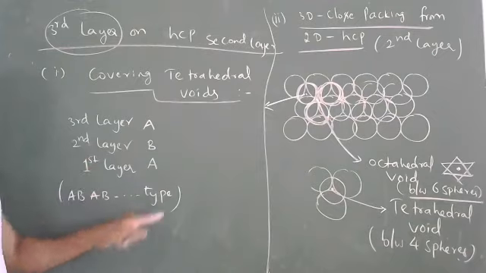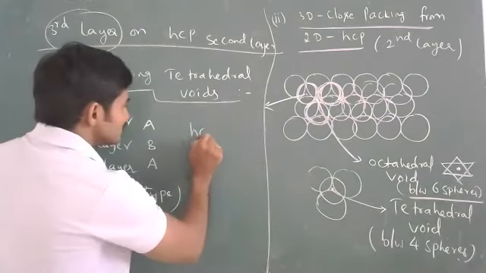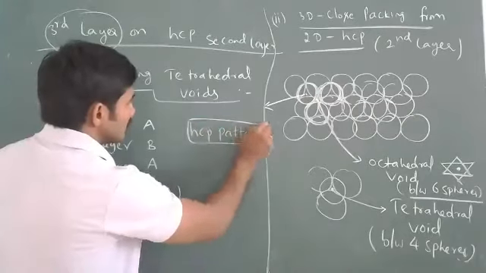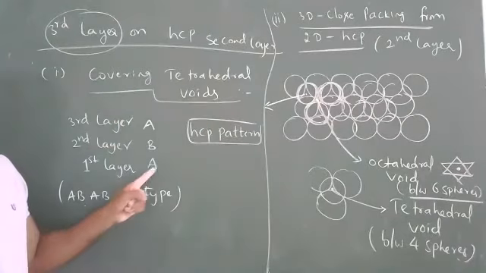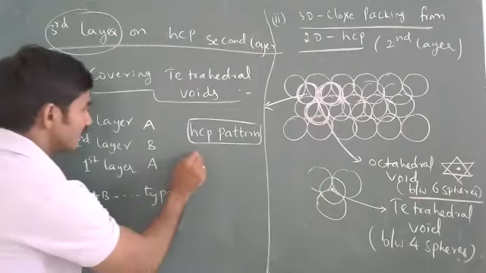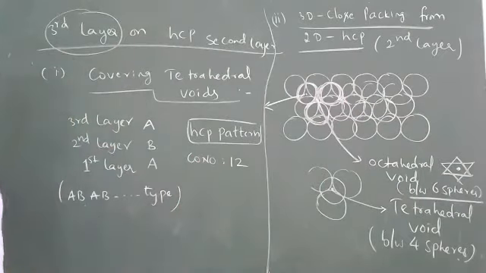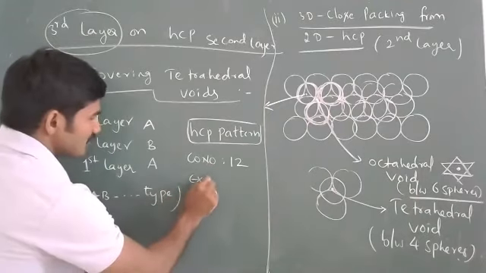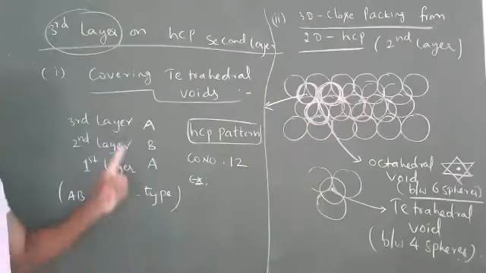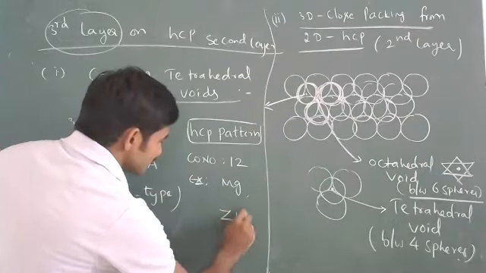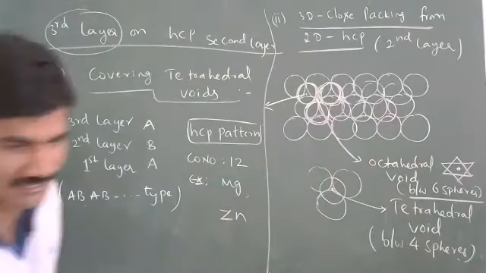If I write AB, AB type of arrangements, I'll get the HCP pattern. In this, coordination number is 12. An example given in the NCERT textbook is magnesium, zinc.